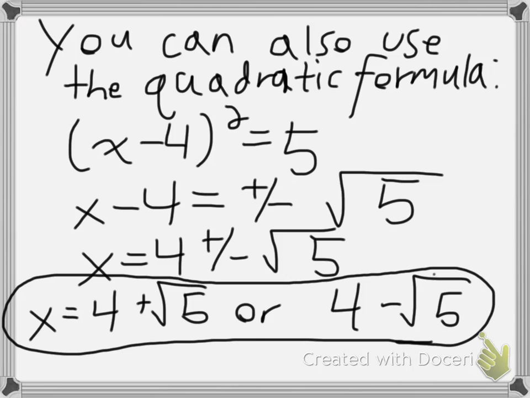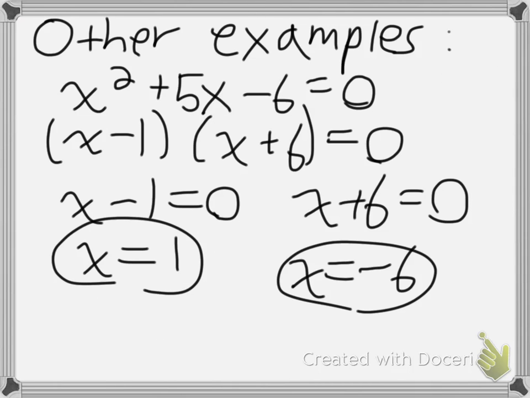Alright, that was Alex. So other examples, let's say right now it goes x to the second power plus 5x minus 6 equals 0. You're going to want to factor that, and you'll get two parentheses. In your first set of parentheses you'll get x minus 1. Second set you'll get x plus 6, and it's going to be equal to 0.